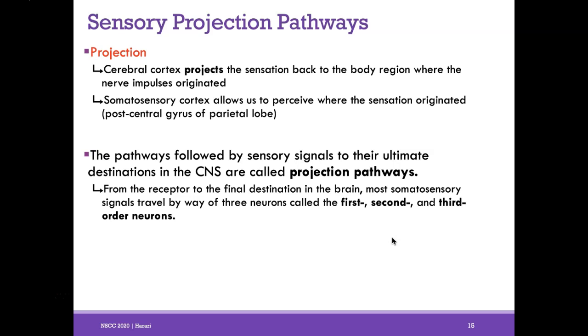Once the cerebral cortex receives the information of the stimulus, the cerebral cortex projects the sensation back to the body region where that nerve impulse originated. So for example, when we press our finger down on the table, that message is getting sent to our brain, but where in the brain is it going?